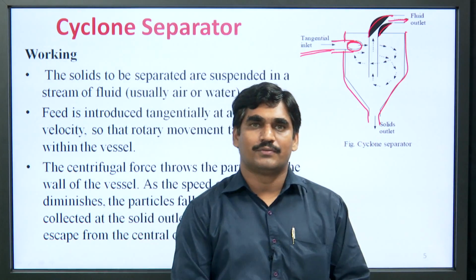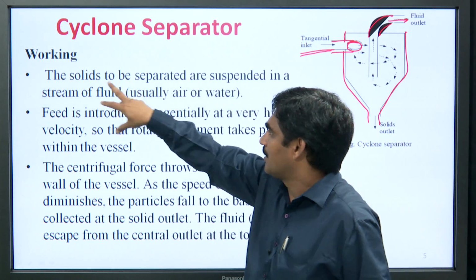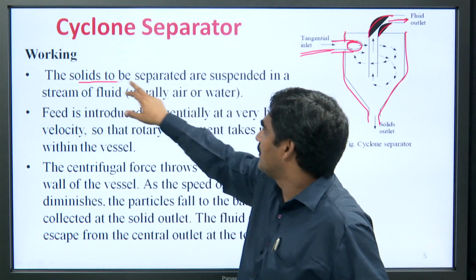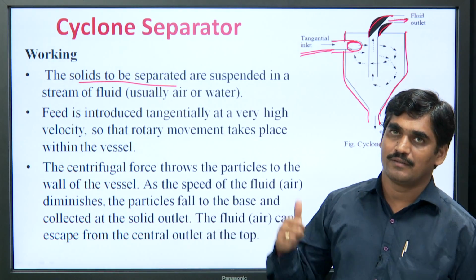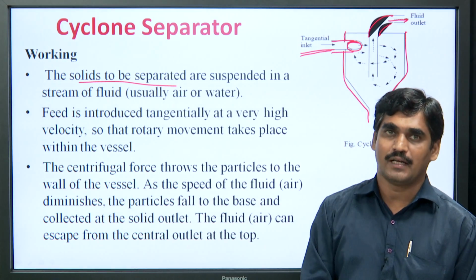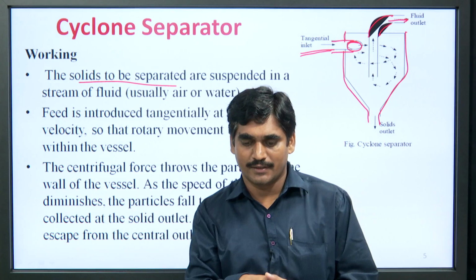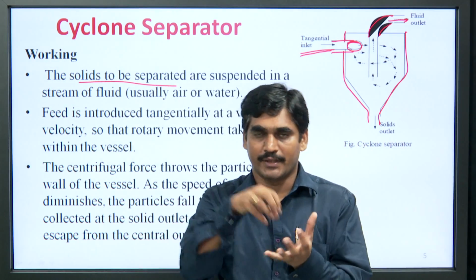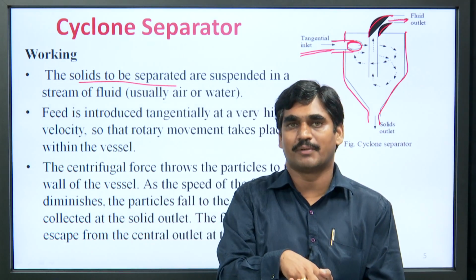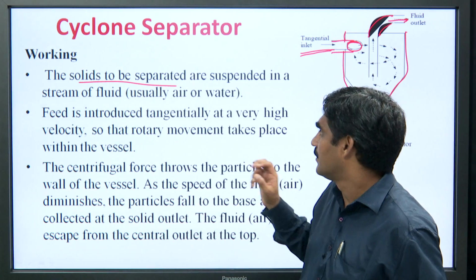Now, working of this cyclone separator, how does it work? What happens is that the solids which we want to separate by using this cyclone separator are suspended in a stream of fluids. So, we first have to make a suspension of the solid particles along with fluid.